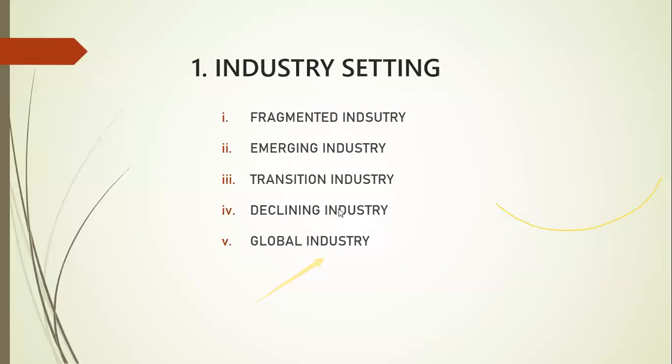Organizations like Flipkart and Amazon, which were into e-retailing back then, were emerging industries. But today, e-retailing or e-commerce is no longer an emerging industry. Now today it is called a transition industry, right?